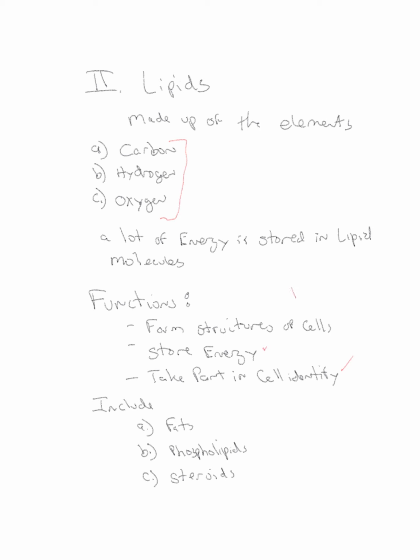Another function of lipids is that they act as an insulator. For instance, some animals live in very cold water, like a seal. They have a lot of fat right under the skin, and that acts as an insulator, which allows them to live in very cold water. Lipids include fats, phospholipids, and steroids. We'll go over each one of those categories.